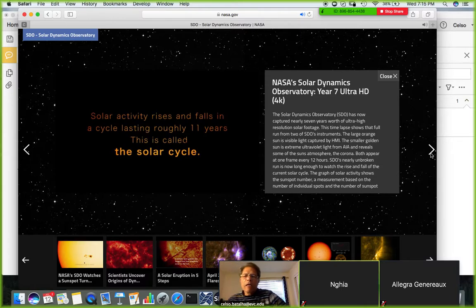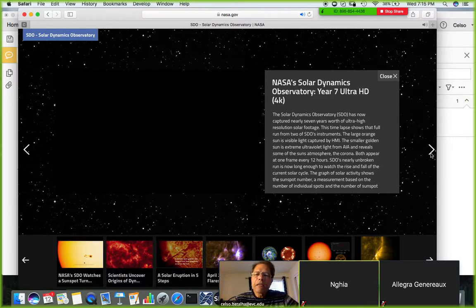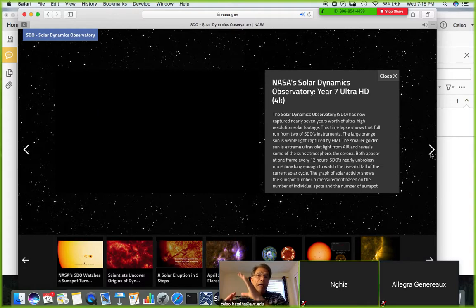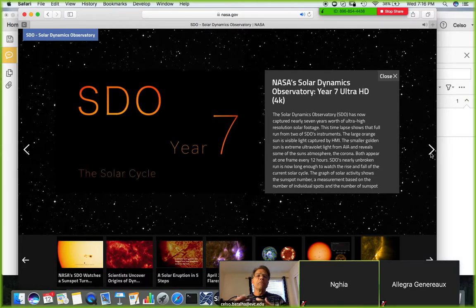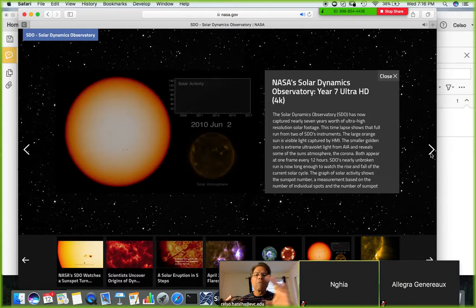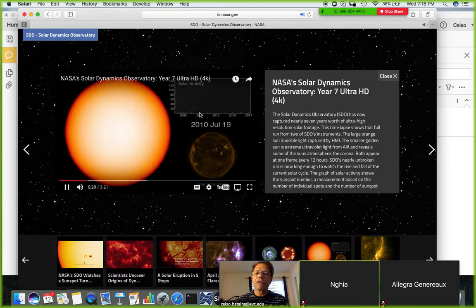Down in our slides, we'll see the number of sunspots and the percentage of active regions on the sun. It has a progression that lasts for 11 years. During 11 years, we see the number of active regions rising from a minimum to a maximum value. The graphic here is going to show that.